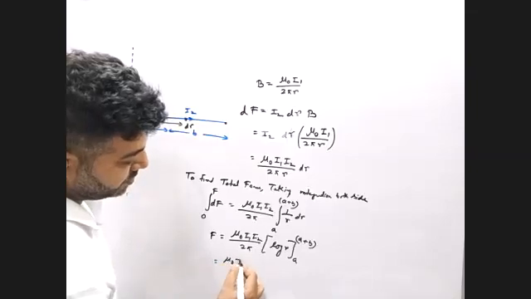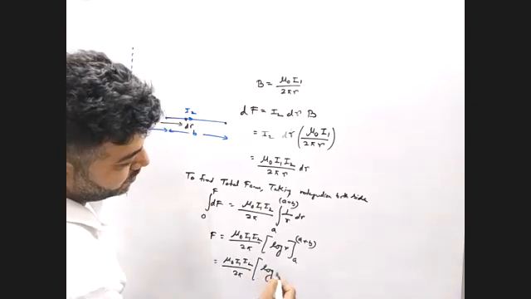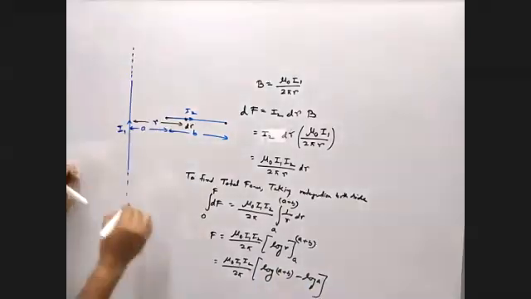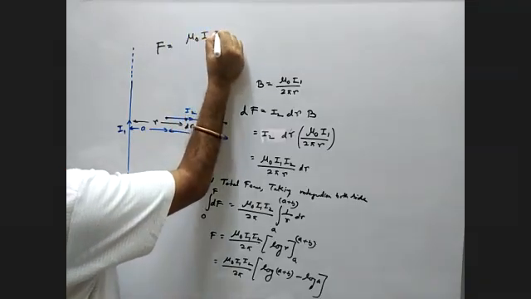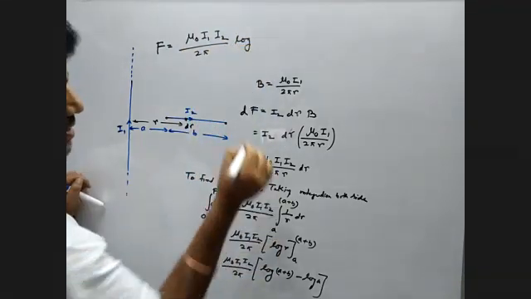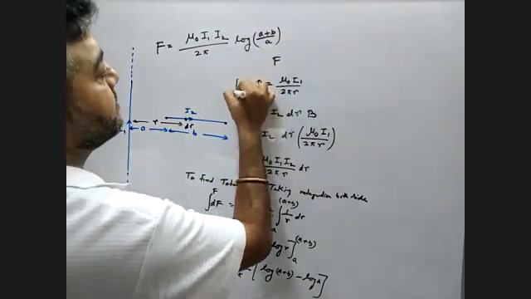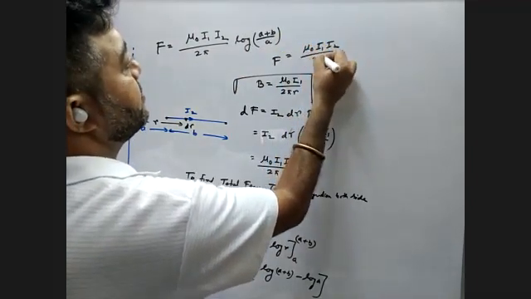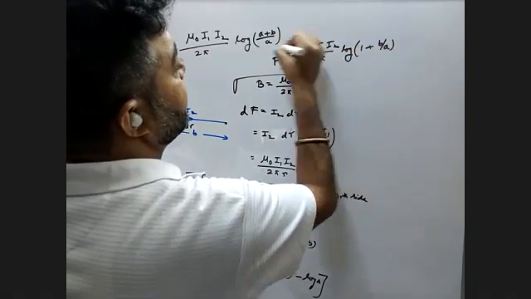So mu naught I1 I2 by 2 pi, log a plus b minus log a. So F is equal to mu naught I1 I2 by 2 pi, log of a plus b by a, which is F equals mu naught I1 I2 by 2 pi log 1 plus b by a.